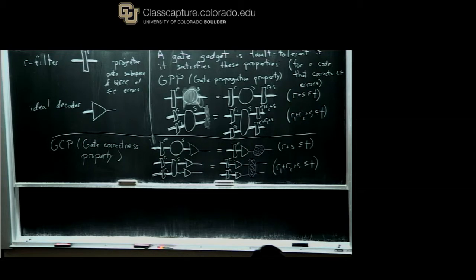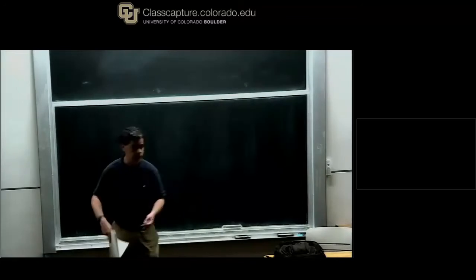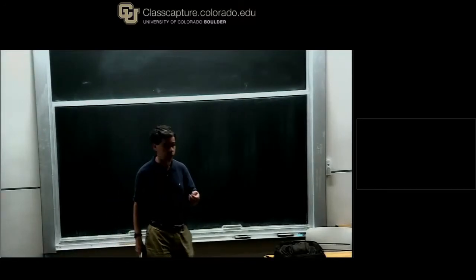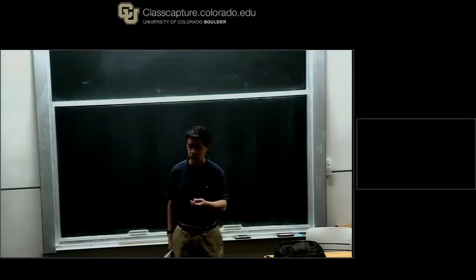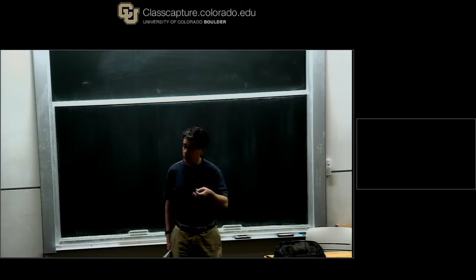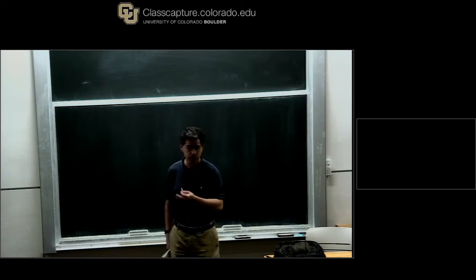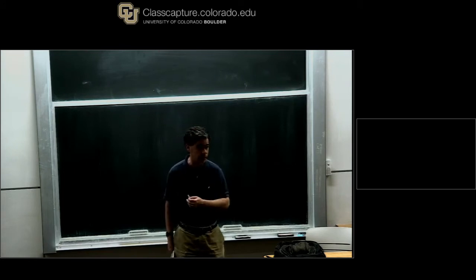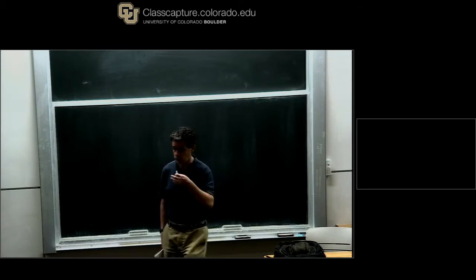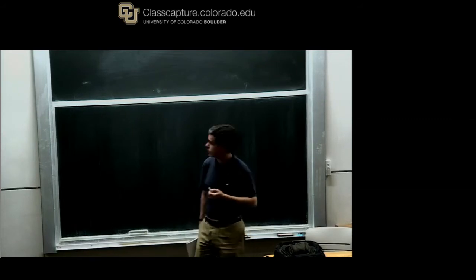Let me quickly go through the definitions for other kinds of locations. We'll also have preparation locations and measurement locations, and then we're going to have to talk about error correction gadgets. They're all slightly different, but very similar in concept to these, with one real exception for the error correction gadget.